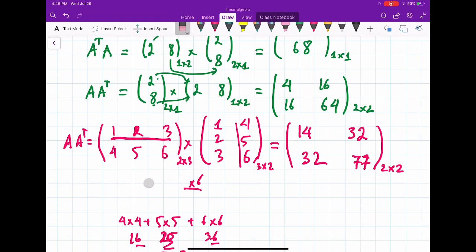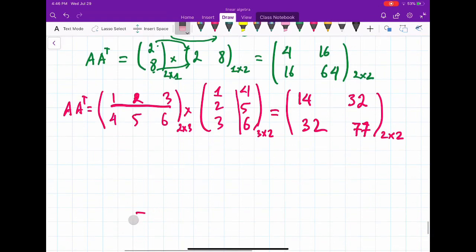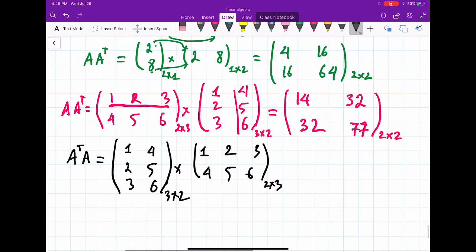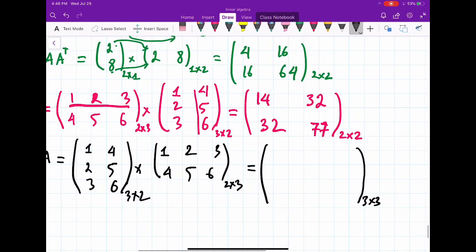All right, so that is A A transpose. Similarly, you can find A transpose A, okay? But A transpose A is a little bit different. 1, 2, 3 in here, 4, 5, 6 in here, multiply with [1, 2, 3; 4, 5, 6]. That is 3 by 2, that is 2 by 3. So at the end, I should get 3 by 3, right? Let's do that.